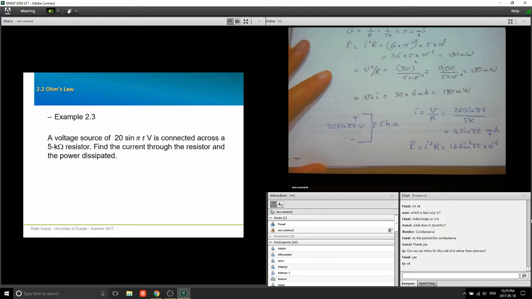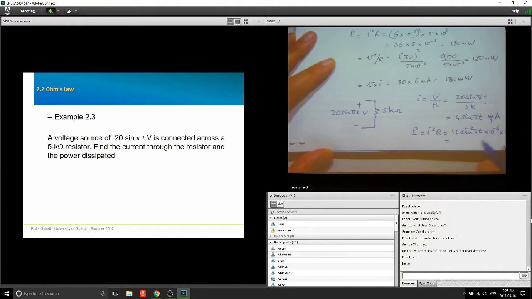Times 10 to the negative 3 squared. And I have to multiply that by R, which is 5k, times 10 to the positive 3. So I end up having 80 sine squared pi t times 10 to the negative 3 here, which is a milliwatt.